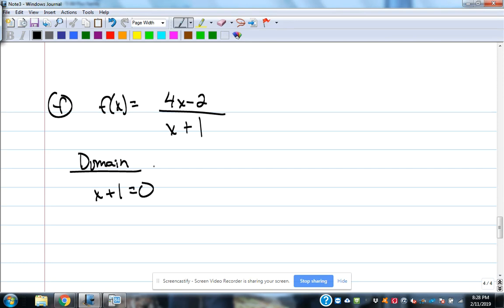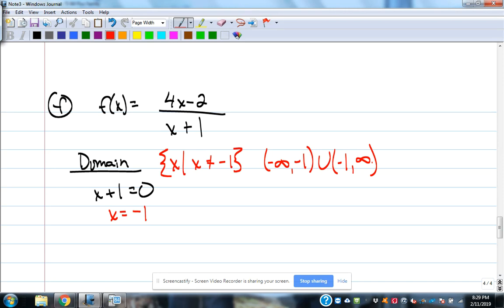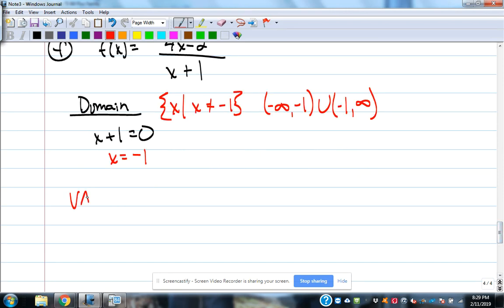Is there any factoring to do? Not on this one. So I just solve for x: -1. So domain is x as long as x doesn't equal -1. Negative infinity to -1, union -1 to infinity. There's our domain.